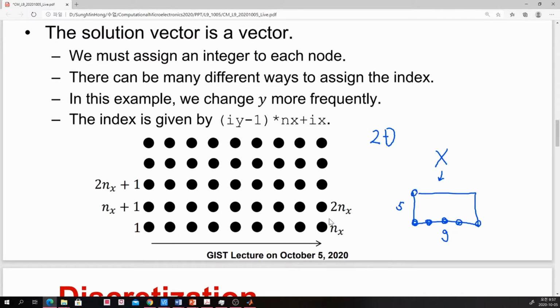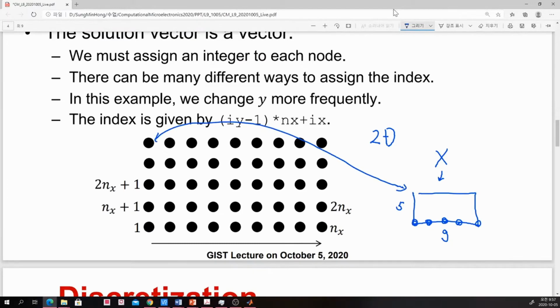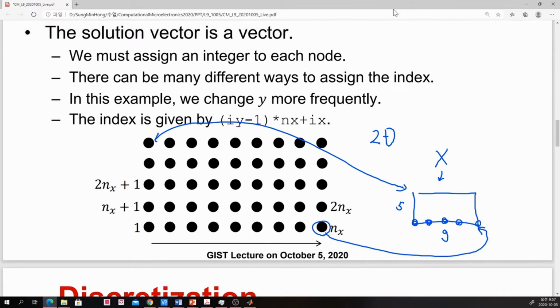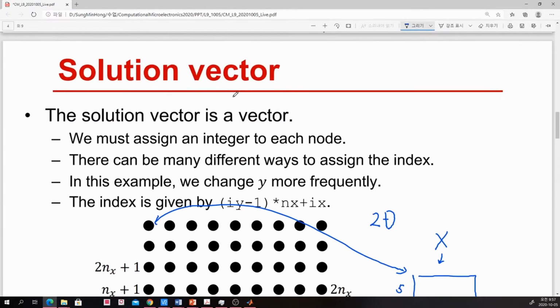That will be quite easy, but you know that this is not the way of our Newton-Raphson method. Newton-Raphson method anyhow requires a solution vector.